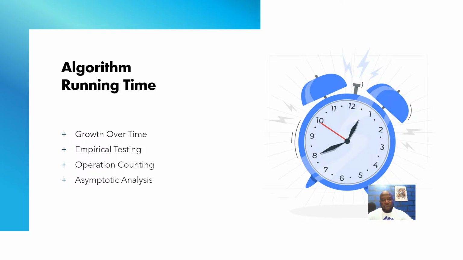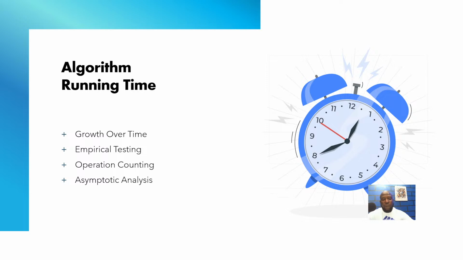Growth over time is like, how does this algorithm perform when you have more input? For instance, if you want to count 5 items and you want to count 100 items, I believe it's going to take you less time to count 5 items than 100 items.